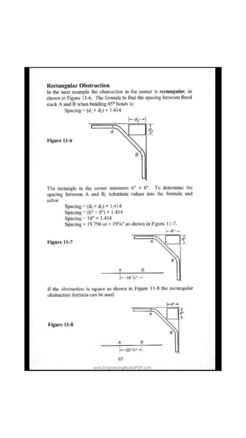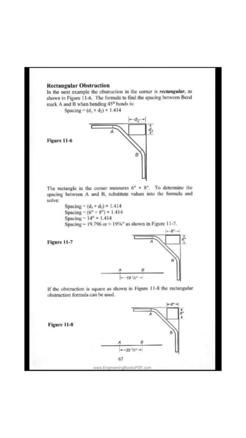Rectangular obstruction. In the next example, the obstruction in the corner is rectangular, as shown in figure 11-6. The formula to find the spacing between bend marks A and B when bending 45 degree bends is spacing equals (D plus D) times 1.414. The rectangle in the corner measures 6 inches by 8.